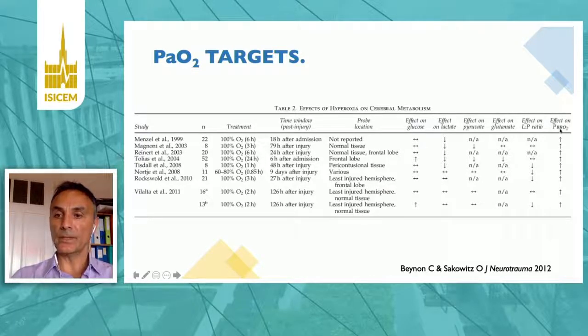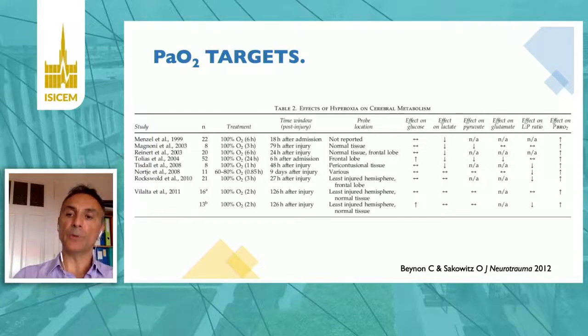Well, obviously, as I told you before, there is a very close relationship between PaO2 and PbtO2. So you raise FiO2, you raise PaO2 because the lung is normal, and brain oxygen goes up.